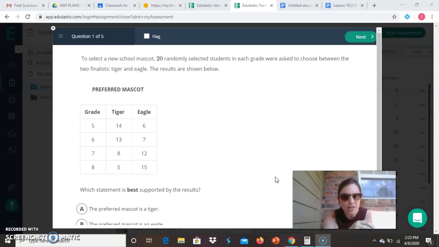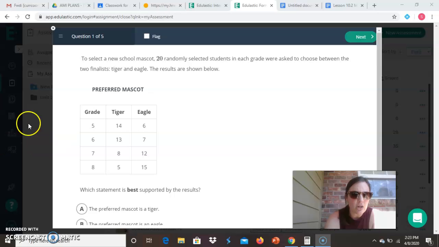And so if you would take a look at your screen, this is going to be problem number 1 that you see today. And it says, to select a new school mascot, 20 randomly selected students in each grade were asked to choose between 2 finalists, tiger and eagle. All right. And it says the results are shown below. Guys, what this is basically you being able to interpret a table.